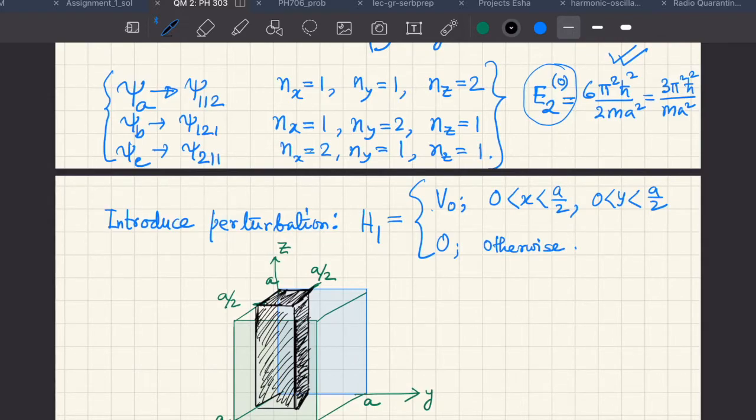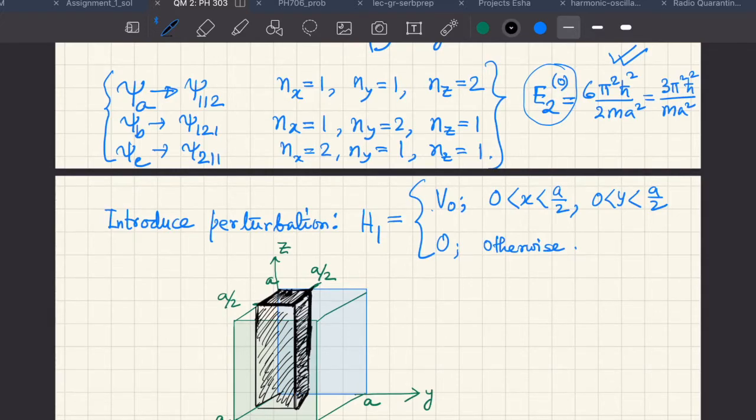So this raises the potential by an amount of V naught in 1/4 of the box. So that's what is important. It actually raises the box by 1/4.